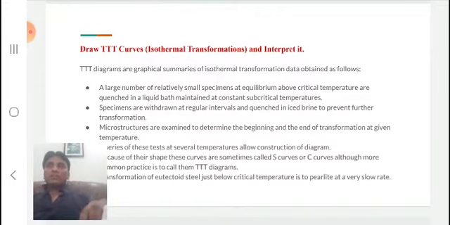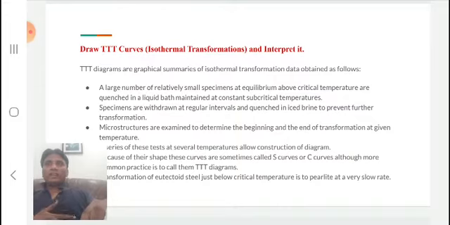Specimens are withdrawn at regular intervals and quenched in iced brine to prevent further transformation. As we have seen in the TTT curves, for each and every composition we take different cooling cycles.